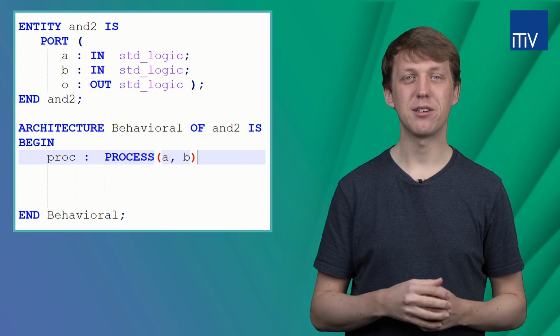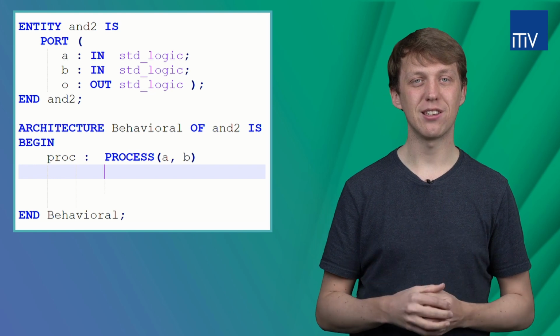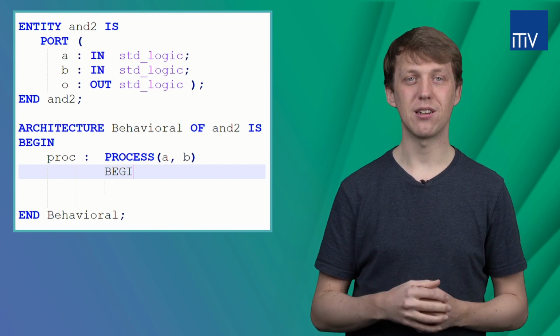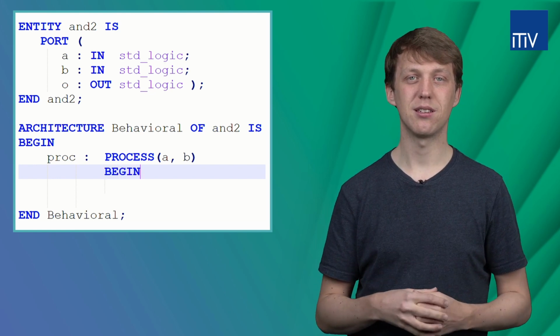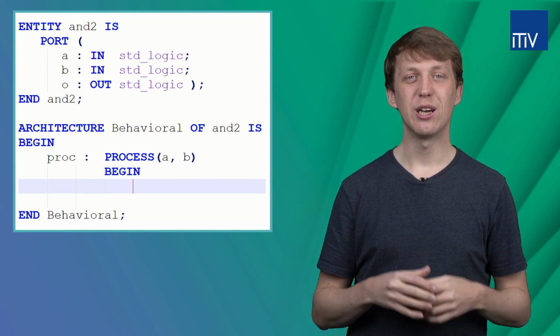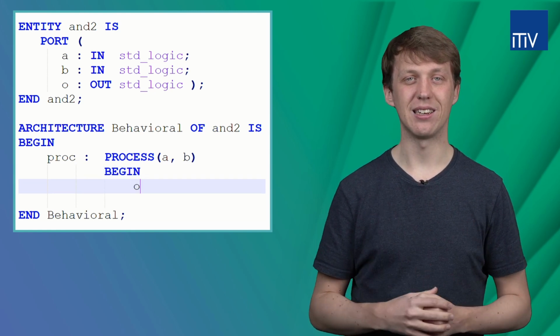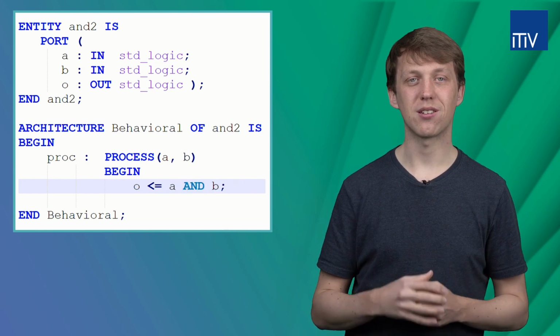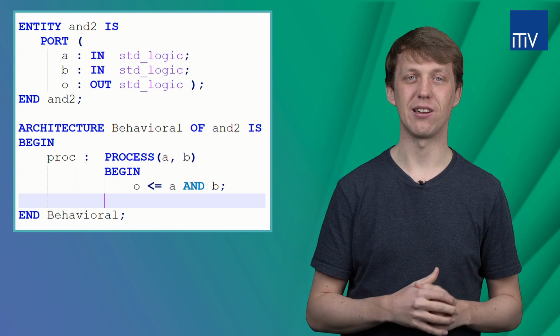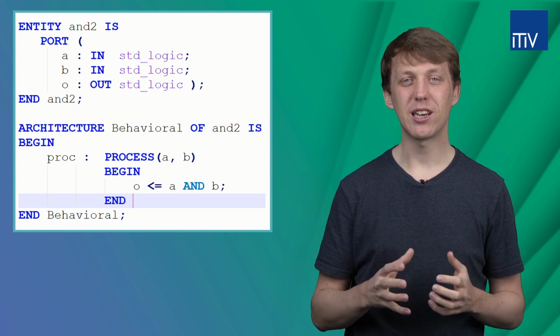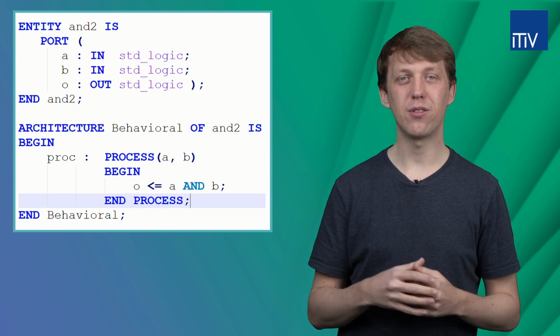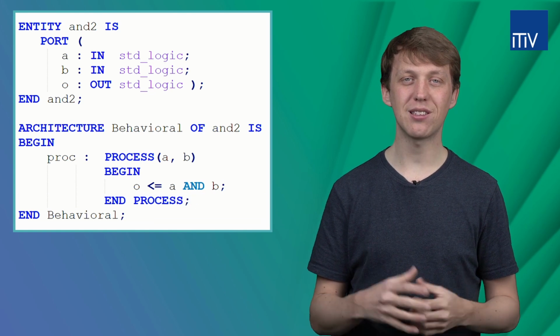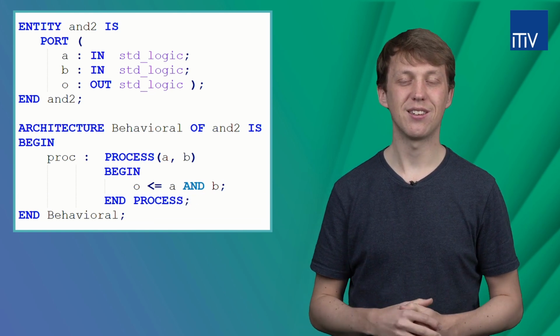After this keyword, we can define the sensitivity list, putting the relevant signals inside the parentheses. In this case, we want to model an AND gate. Hence, we have to put all input signals into our sensitivity list. Now we can define the behavior of the process after using the begin statement, which is fairly easy in this case.